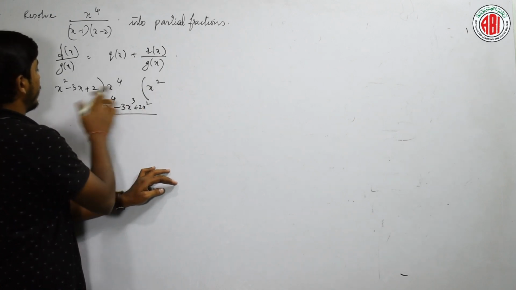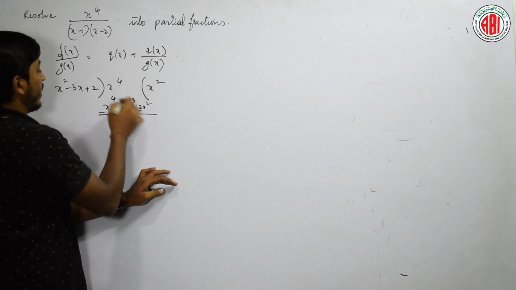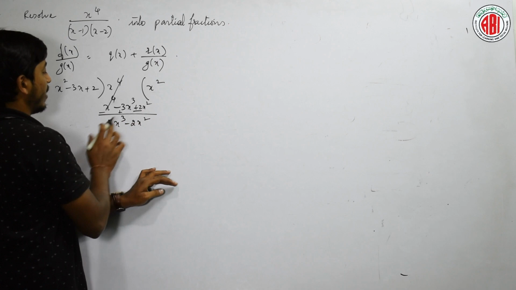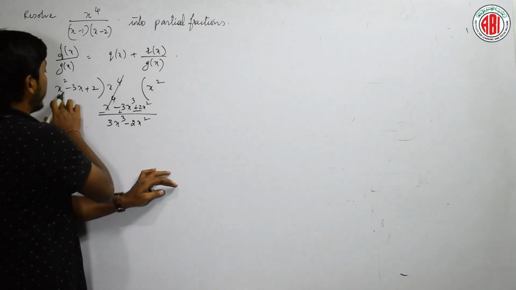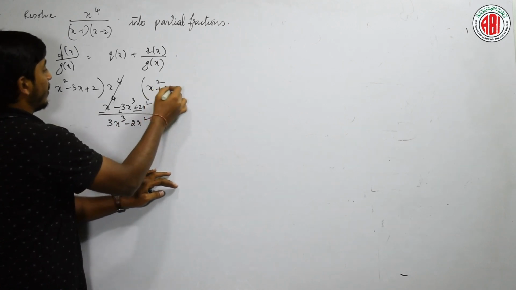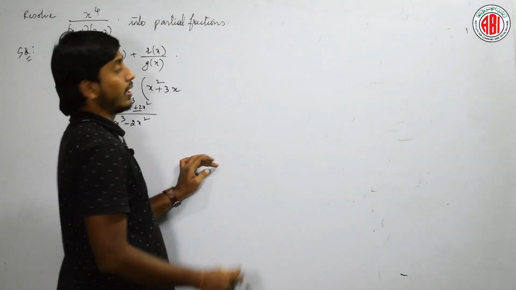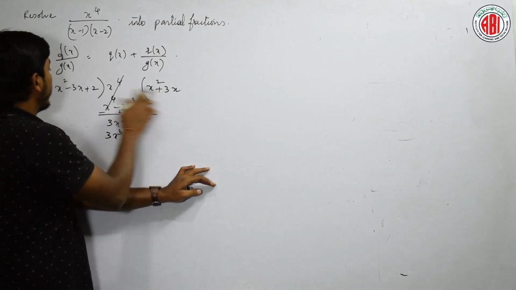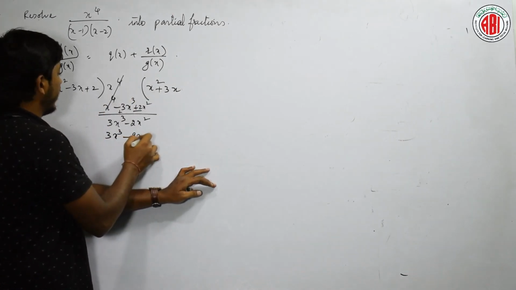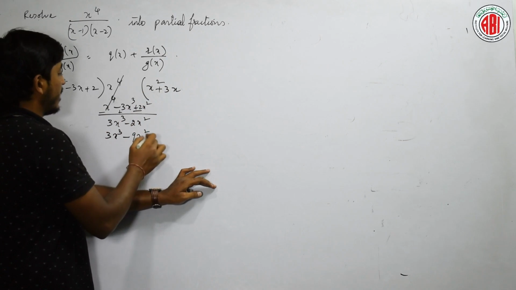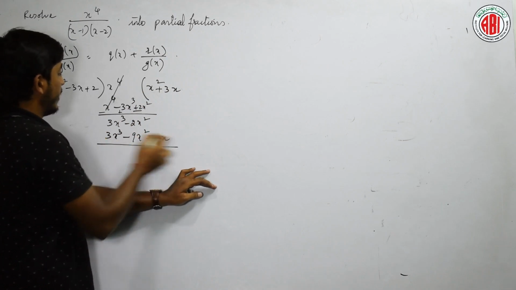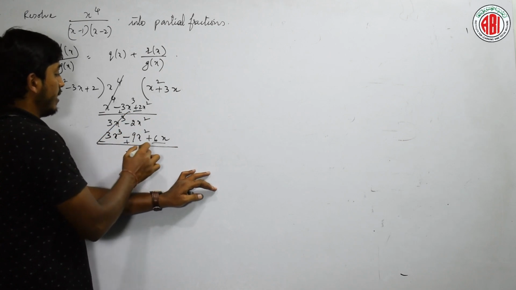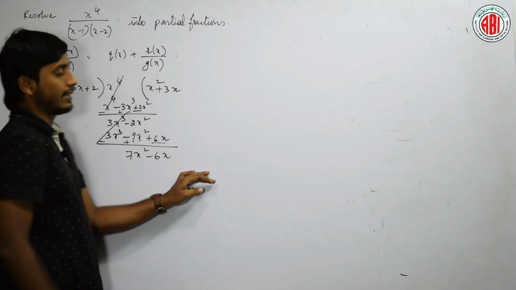Subtract, these both will get cancelled, this is 3x cube minus 2x square. Next, here it is x cube, here it is x square, let me multiply with 3x. 3x into x square is 3x cube. Next, 3 3s are 9x square, 3 2s are 6x. Then let us subtract, these both will get cancelled. 9 minus 2 is 7x square minus 6x.